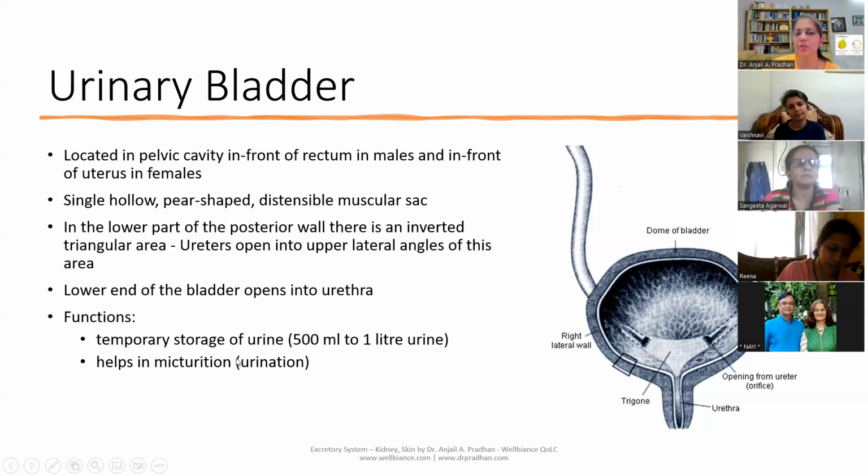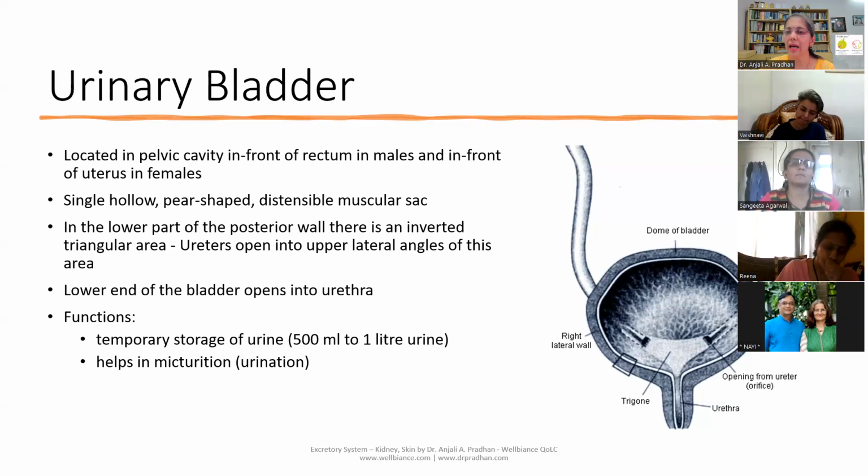Function is temporary storage of the urine. जब भी urine, it can store between 300 to 500 or 400 ml. तब तक you will not get the urge to micturate or to pass the urine.